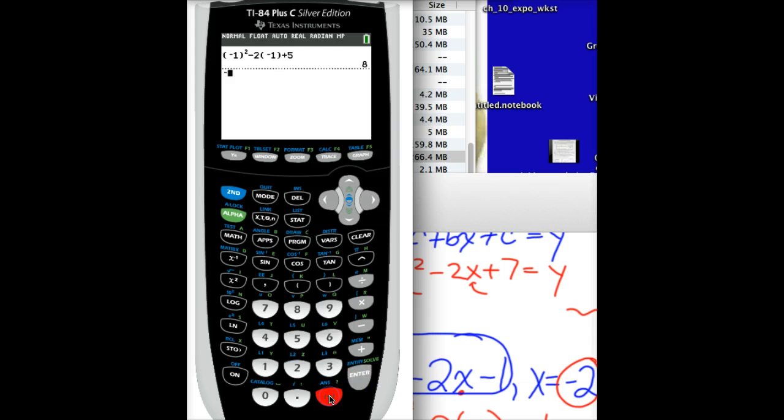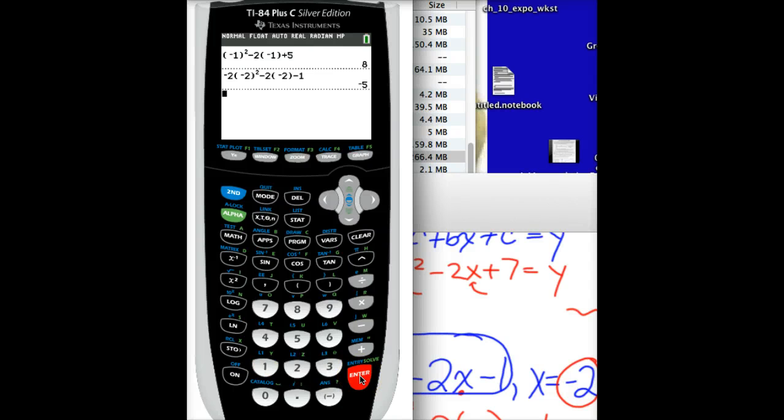But it was negative 2 parentheses x squared, and x is a negative 2. And then it was minus 2x, x is a negative 2. And then it's minus 1. And again, if you miss what buttons to push, you can always pause and rewind. So notice it looks just like my by hand work, and now I'm going to hit enter.